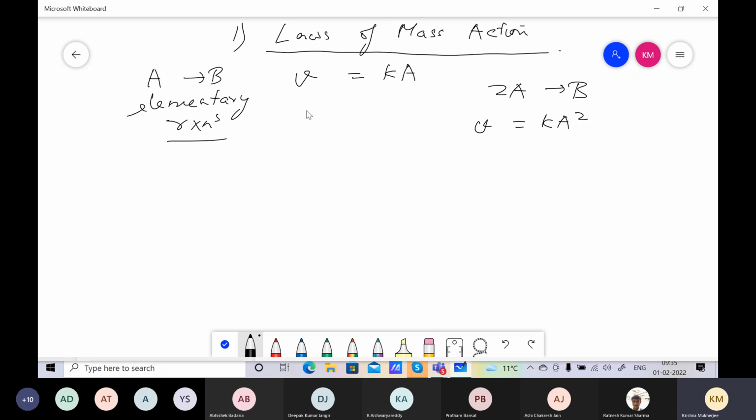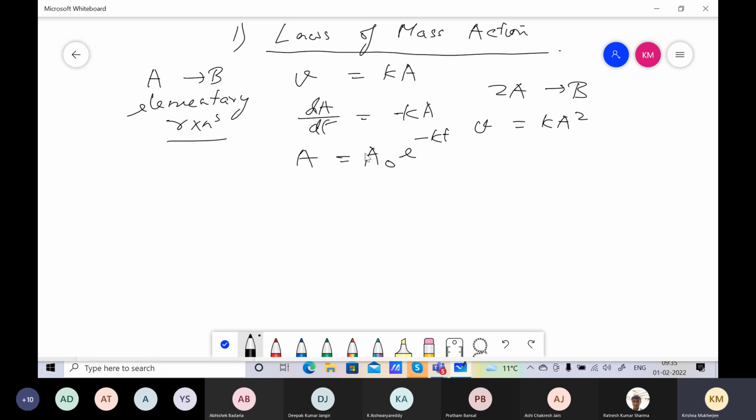So for this kind of thing, dA by dt is equal to minus Ka, which makes A equal to what? If the beginning is A0, then it has become A0 e raised to minus Kt. That is the A value, right?